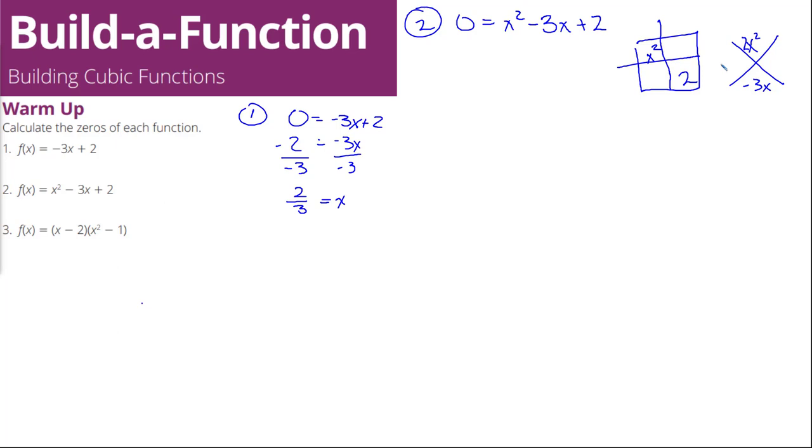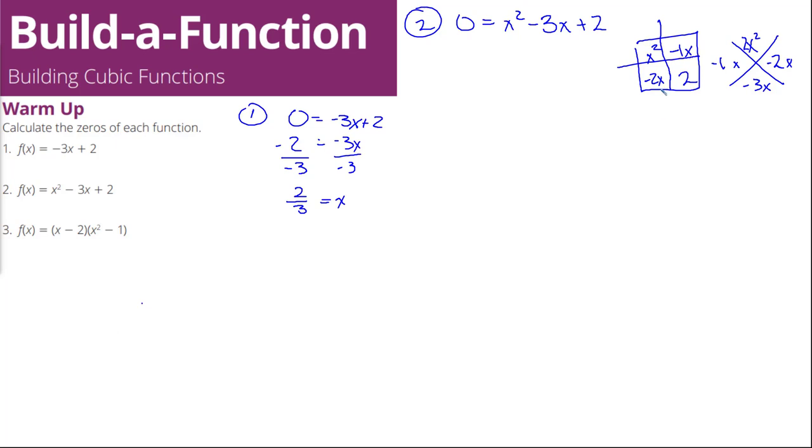What are two numbers that can multiply to give me a positive 2? 1 and 2. And they both need to be negative if we want a positive product. So negative 1x, negative 2x. Now I'm looking at factoring.